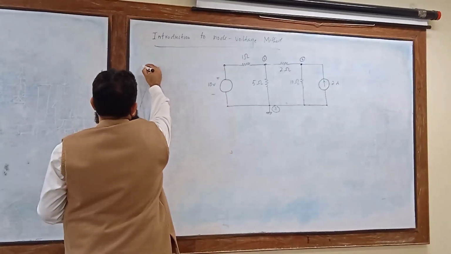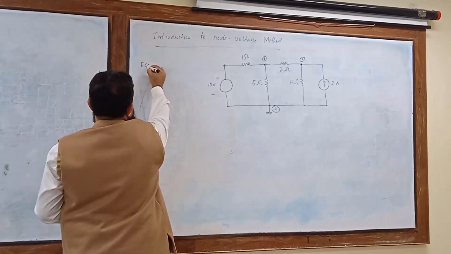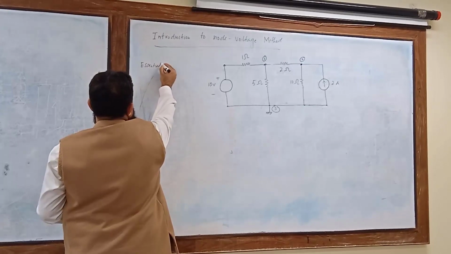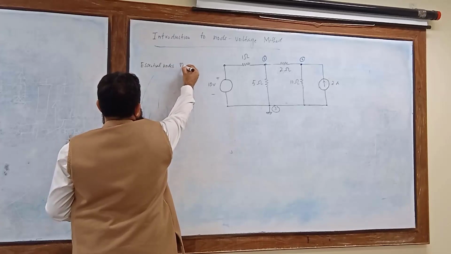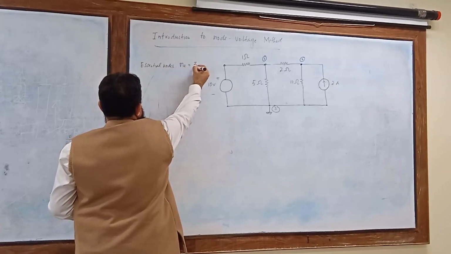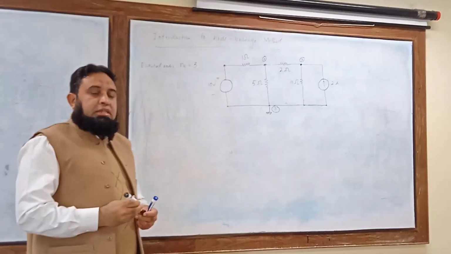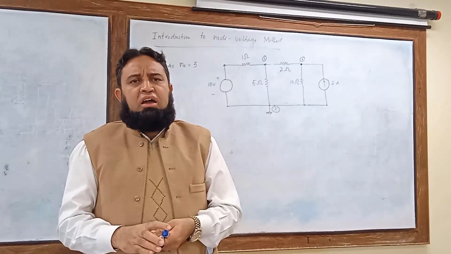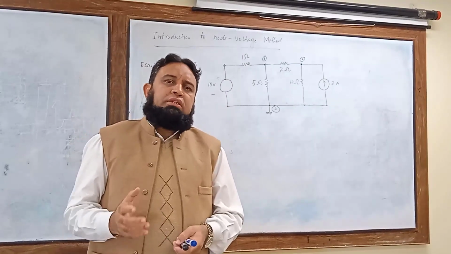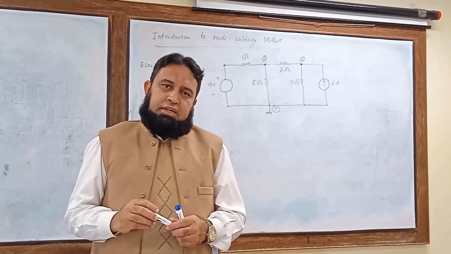If I simply represent the essential nodes, NE is equal to 3, 3 essential nodes are there. So how many equations do we need in order to solve this circuit?